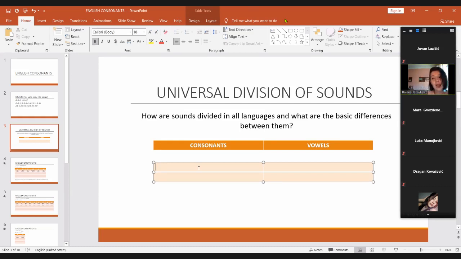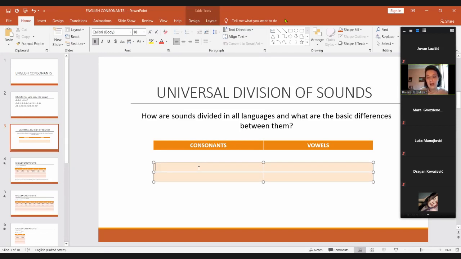Okay, so as a result of the fact that we produce vowels with an open mouth, like I or whatever, we say that the air goes freely through the mouth.